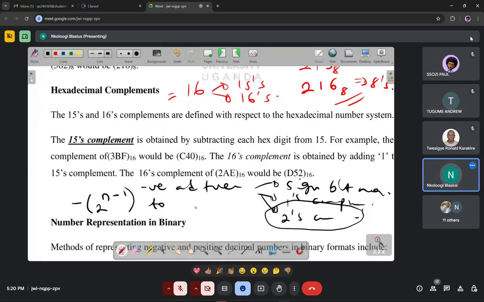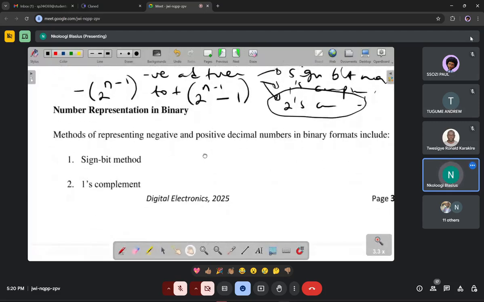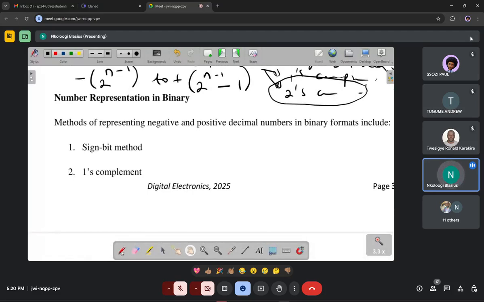So this is the range to a positive 2 to power n minus 1, minus 1. So for example, you guys have maybe looked at your machine and you see that your machine can maybe store up to 64 bits.